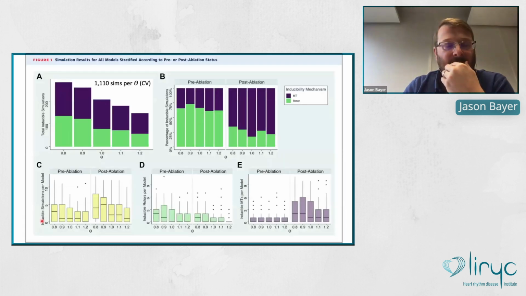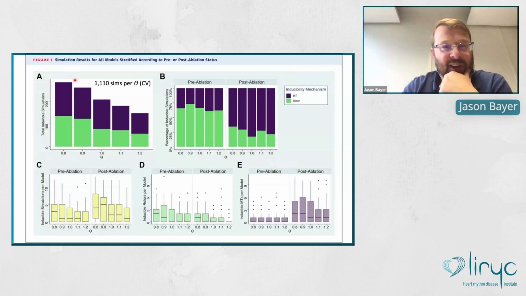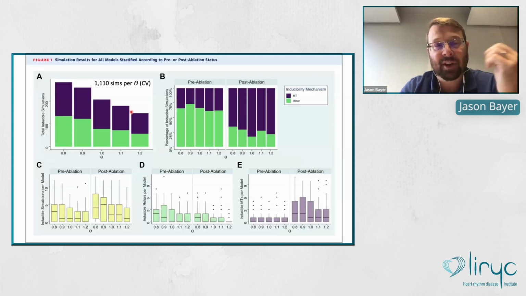What they did in the upper left here, for all of these simulations, pre and post ablation, is plot the number of simulations which they consider inducible. So the arrhythmia lasted for 5 seconds, and then they classified it in green as a rotor, or in purple as a tachycardia.